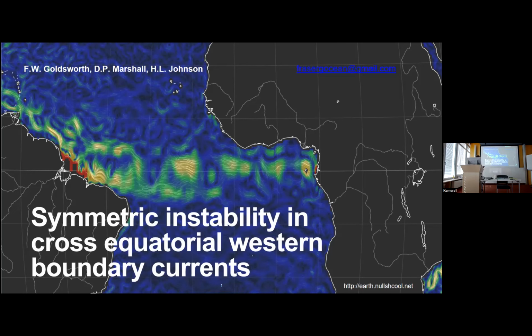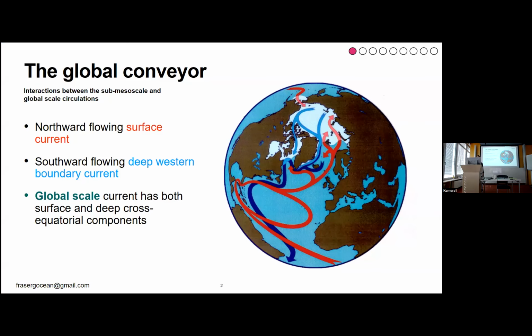But before we zoom in and start thinking about the sub-mesoscale, I think it's always really useful to motivate the work by zooming out a little bit and thinking about the global scale circulations. So in the Atlantic, we have this huge global scale circulation of real climatic importance, the Atlantic Meridional Overturning Circulation.